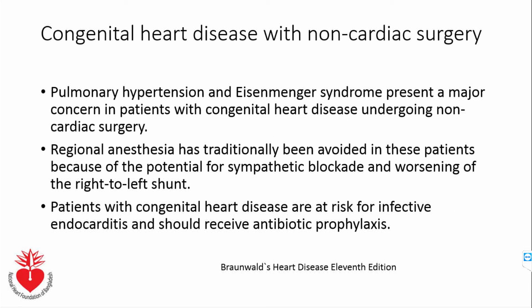In patients with congenital heart disease undergoing non-cardiac surgery, the important issue is pulmonary hypertension. Pulmonary hypertension and Eisenmenger syndrome present a major concern. An important issue is regional anesthesia, mainly spinal anesthesia, which may cause a sympathetic block and worsen the right to left shunt.